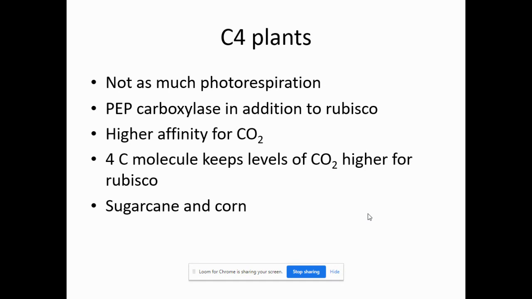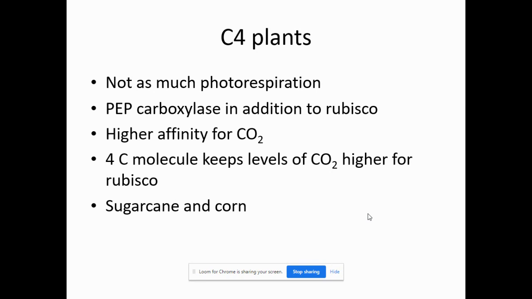They produce PEP carboxylase in addition to rubisco, and PEP carboxylase has a higher affinity for carbon dioxide than rubisco. The PEP carboxylase will bind to carbon dioxide and produce a 4-carbon molecule, which can then be used to enter into the Calvin-Benson cycle.